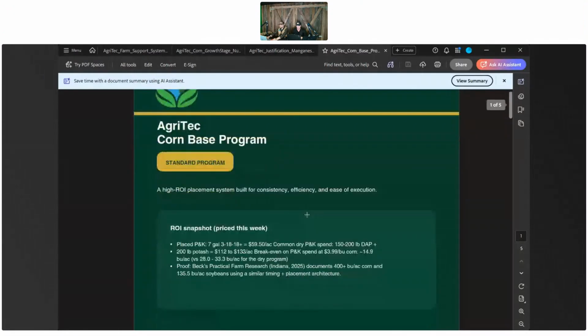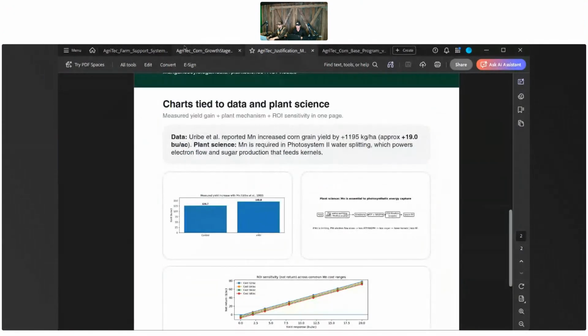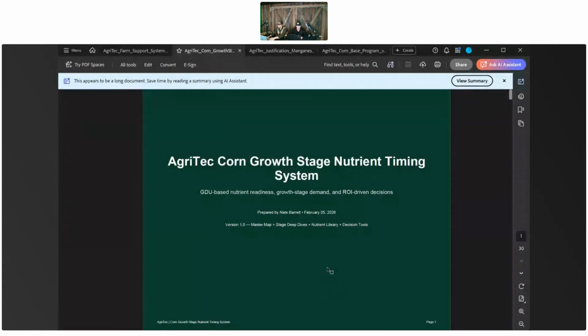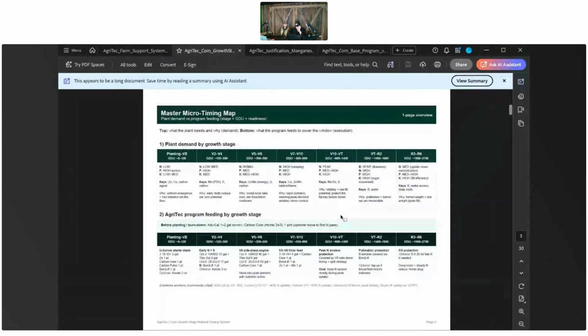All right, so this corn-based program. Ignore all the prices on here, it's a little outdated. But then this is the growth stage. So I like to overlay these because what this is showing, and this is one of my favorite documents to sit down and go through with people, is what a plant needs, how strong its demand is based on growth stage or GDU, right?